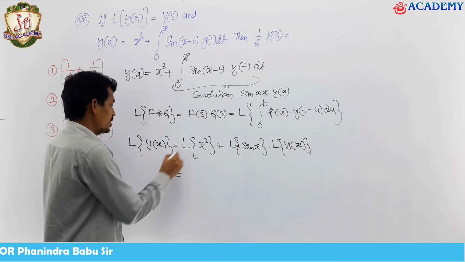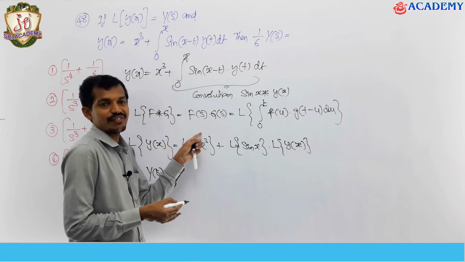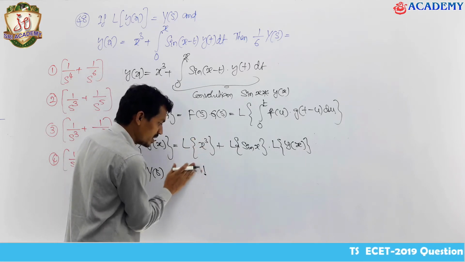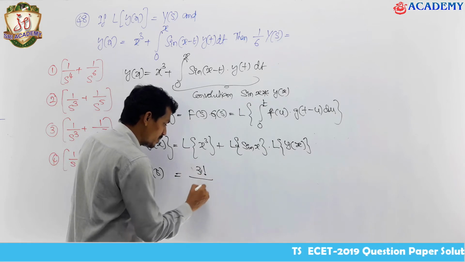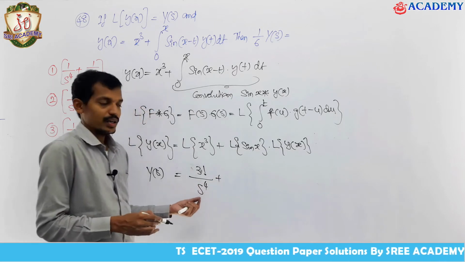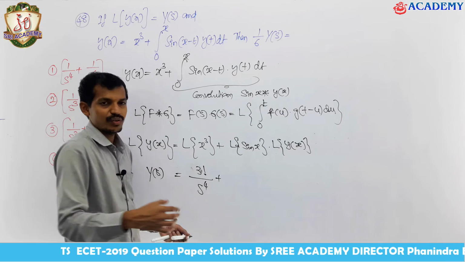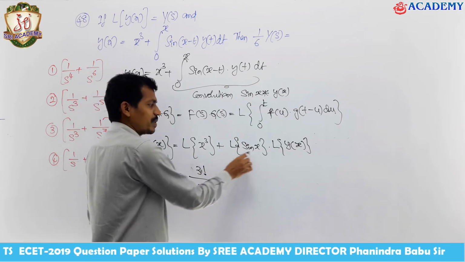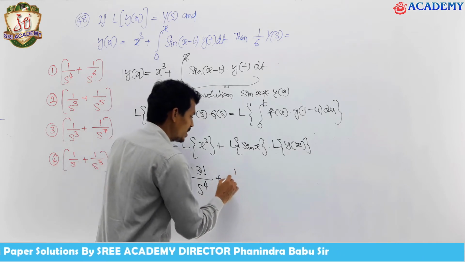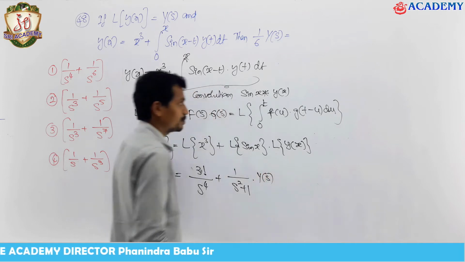This is going to be y of s. For x to the power n, it is n factorial divided by s to the power n plus 1, where n is 3 here, so 3 factorial divided by s to the power 4. Don't forget the basic formula. The Laplace transform of sin x is 1 divided by s square plus 1, into y of s.